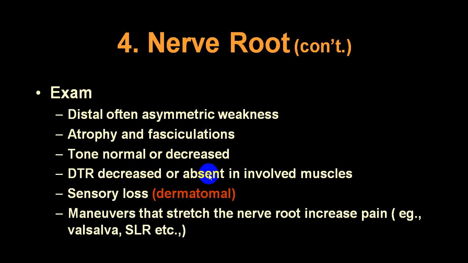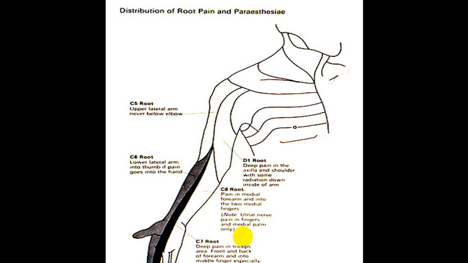Sensory loss will depend upon the dermatomes being innervated, and a maneuver that stretches the nerve will produce pain, that is SLR or Valsalva maneuver. This will be a peculiar finding in nerve root damage. So nerve root damage and peripheral nerve damage can be very easily differentiated. If you get peripheral nerve signs with neuralgia, do suspect nerve root damage.